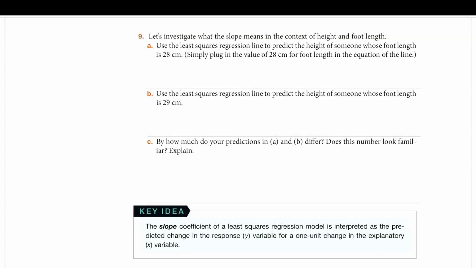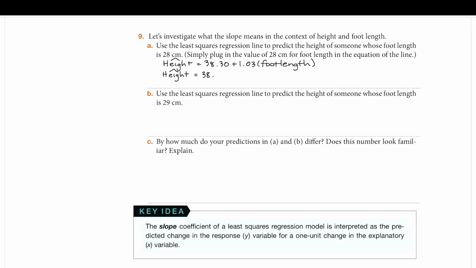Okay, so let's investigate the meaning of the slope. 9a says, use the least squares regression line to predict the height of someone whose foot length is 28 centimeters. So again, we have that predicted height, and it's predicted when we put the hat on it. It is 38.3 plus 1.03 times foot length.